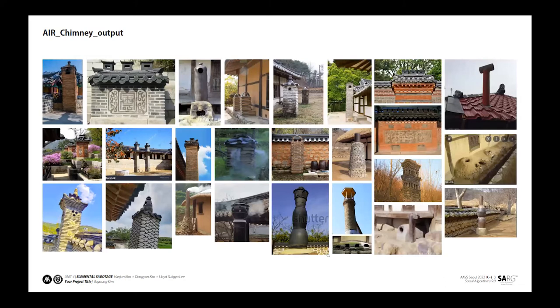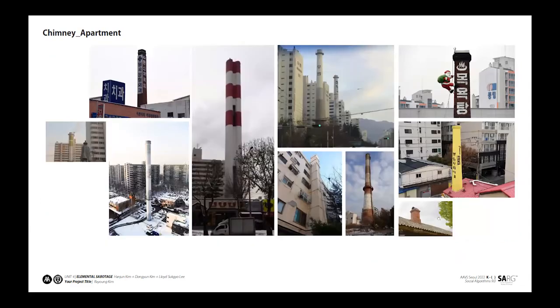Particularly, I'm going to focus on opening for air. And in my definition, there are Korean traditional chimneys that have diverse shapes of holes. And we can see Korean modern apartment chimneys, which are familiar. And these are abstract shapes of chimney.